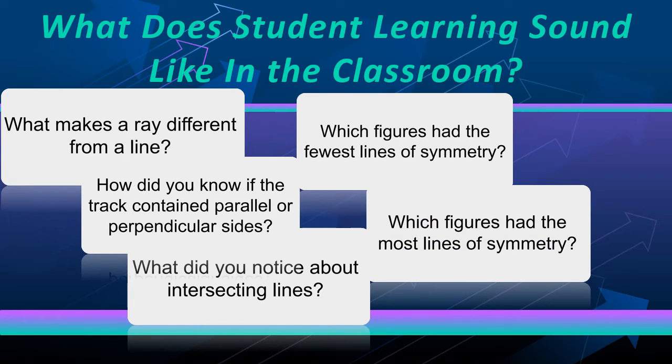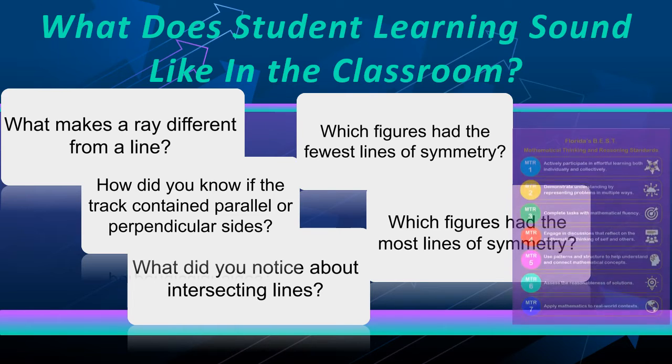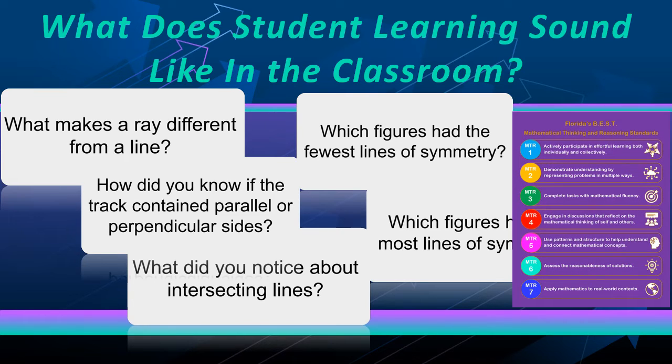We also want students to be talking about the lines of symmetry and making sense of which types of figures have fewer lines of symmetry or more lines of symmetry and why that is. These types of questions will engage students in MTR 4.